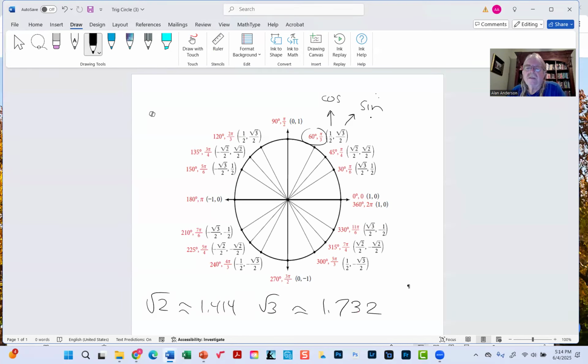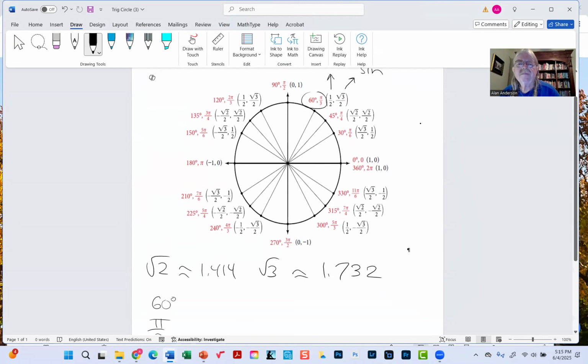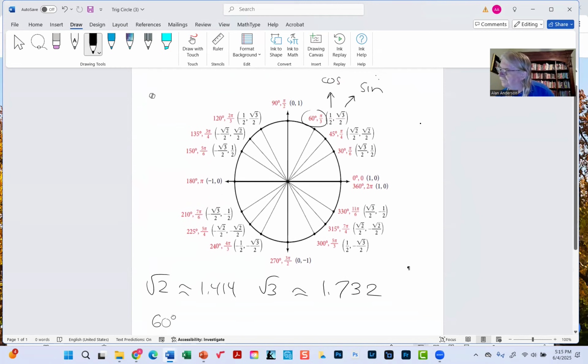Now, how could you do this on the calculator, by the way? Given that 60 degrees and pi over 3 mean the same thing, we're seeing here on the table that the cosine of 60 degrees is a half, and the sine is radical 3 over 2.